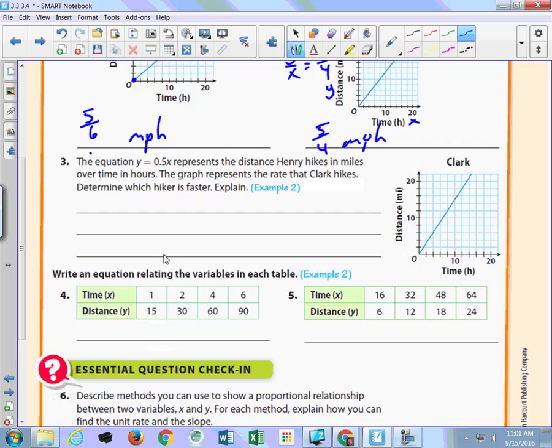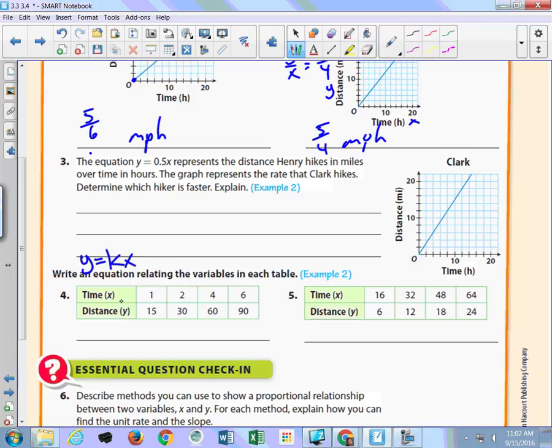Okay, write an equation relating the variables in each table. So to write an equation, you're going to write the equation in the form y equals kx. These are all my x's. There's an x, there's an x, there's an x, there's an x. There's a y, there's a y, there's a y, and so on. That's why it has x and y right there.